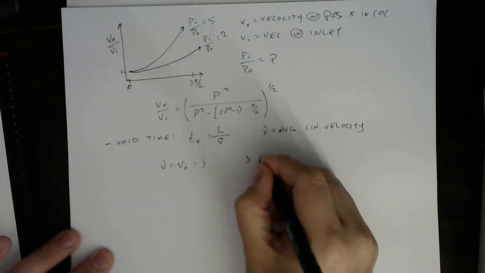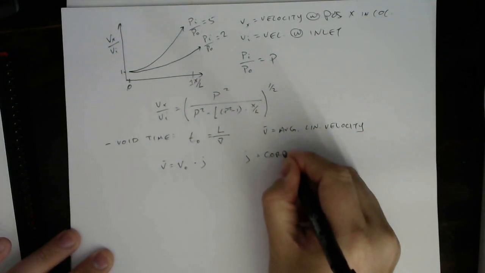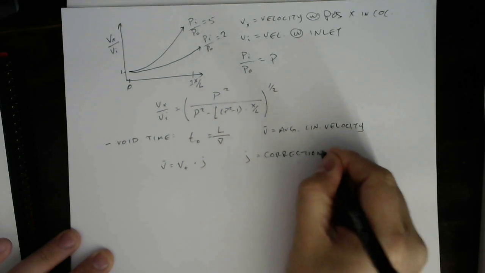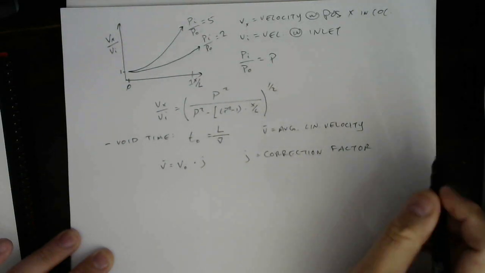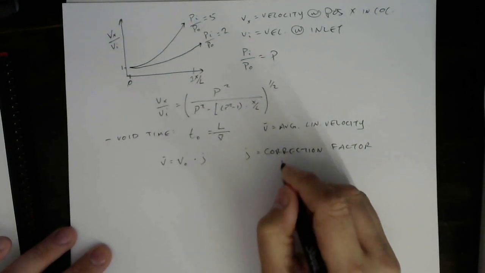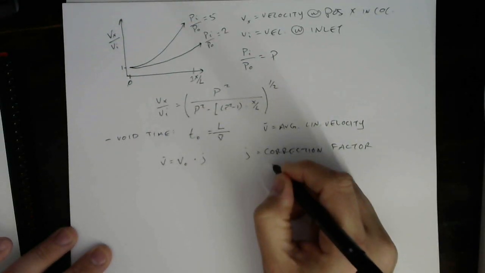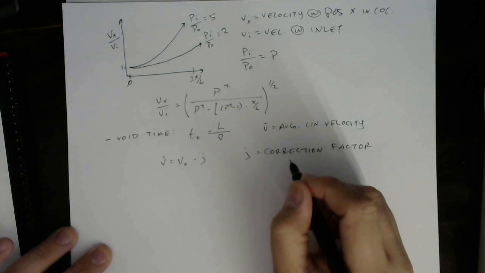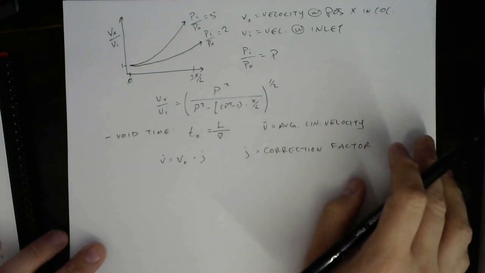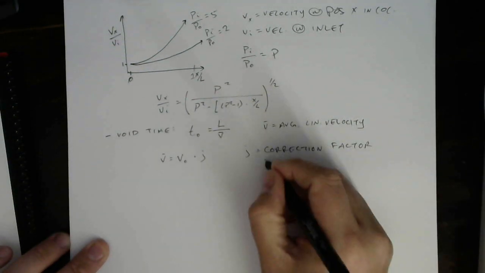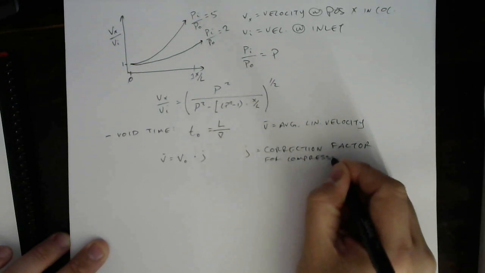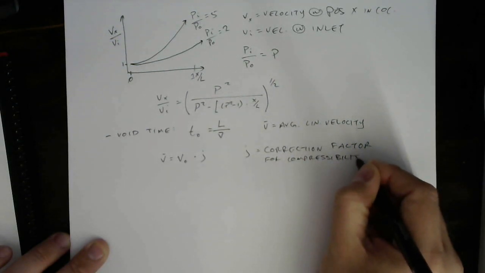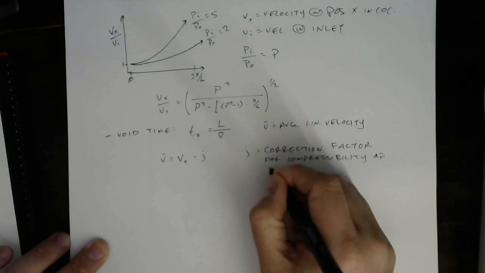So J is a correction factor that corrects for compressibility of the carrier gas.